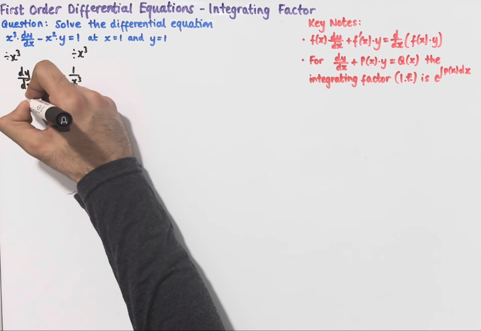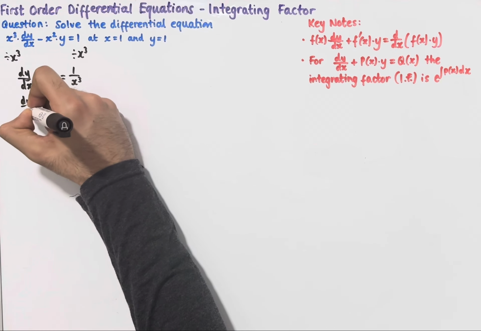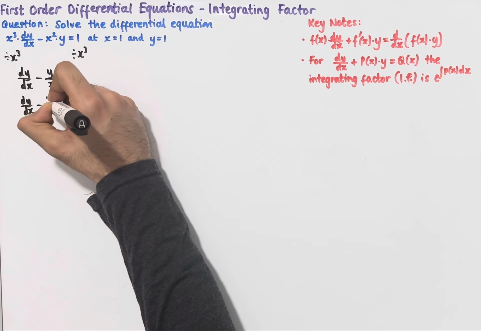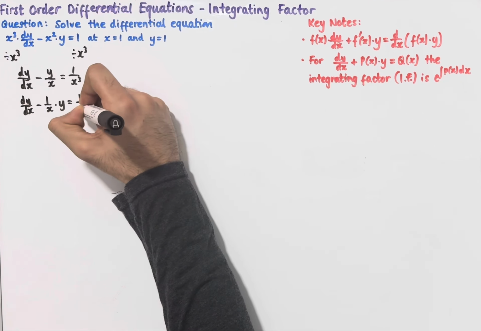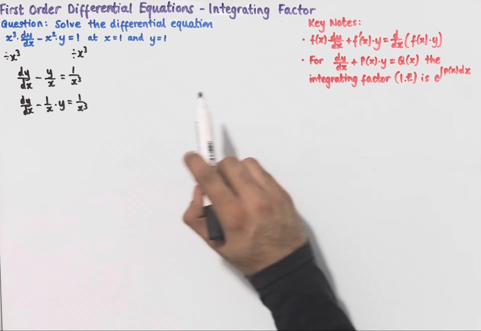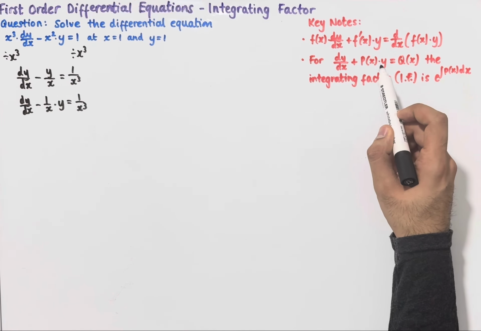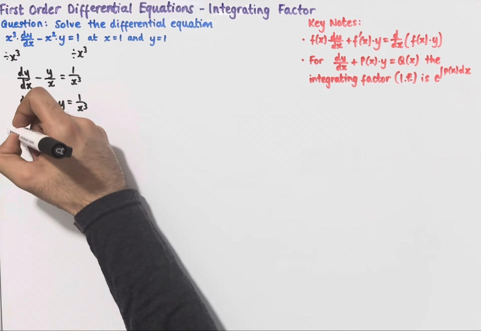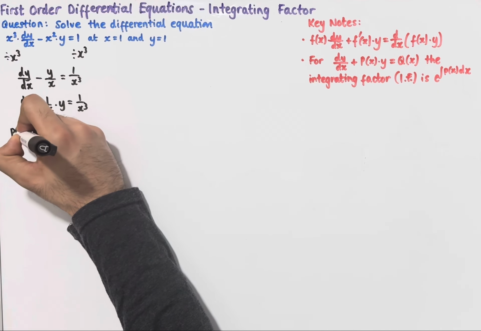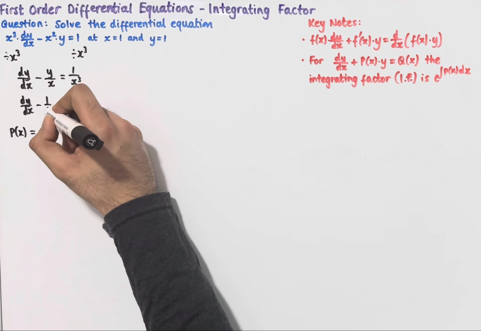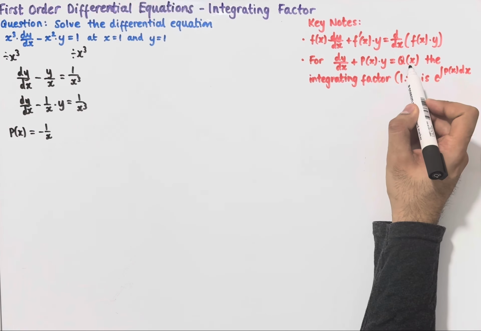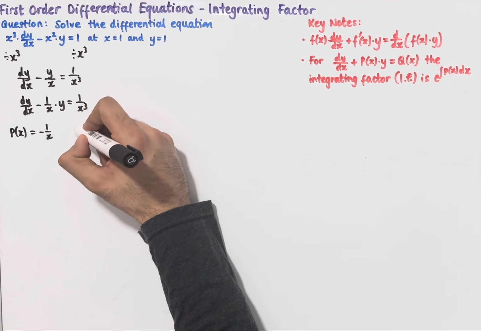And now more explicitly we can rewrite this as dy over dx minus 1 over x times y equals 1 over x cubed. Now if we compare this with dy over dx plus p of x times y equals q of x, then we see that p of x must equal minus 1 over x, since that's the function being multiplied with y, and then q of x is equal to 1 over x cubed.